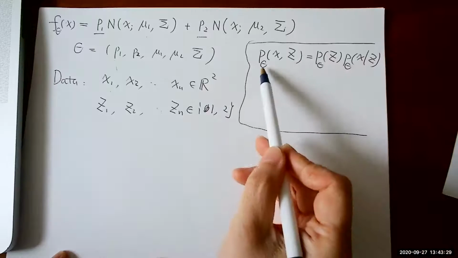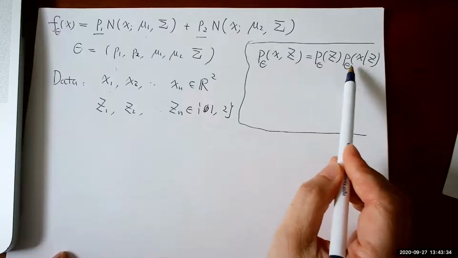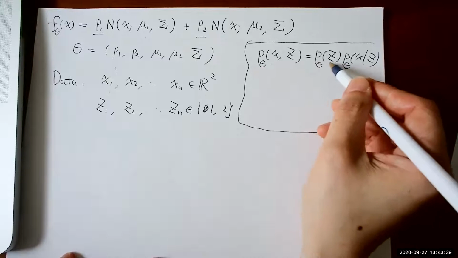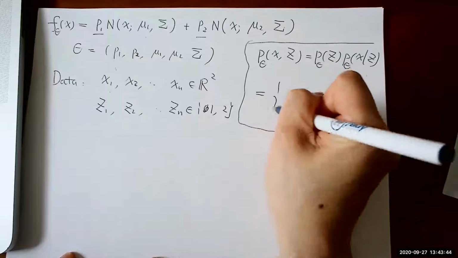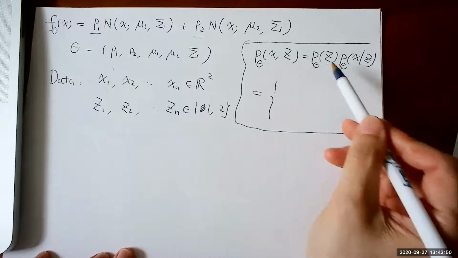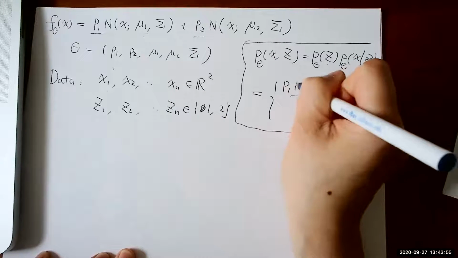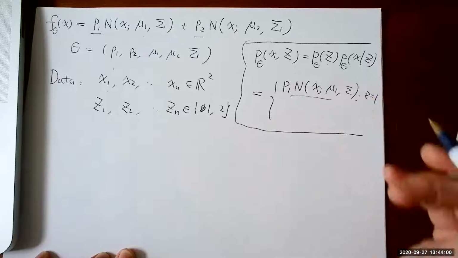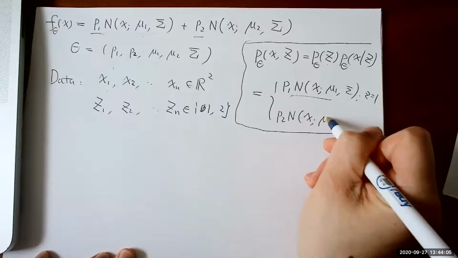Here I put a subscript theta just to tell you all those distributions or probabilities depend on the parameter. And this can be written case by case: if z is equal to 1, it's going to be this component, which is basically P1 and the normal with mu1 and sigma. If z is equal to 2, it's just going to be a different product here.